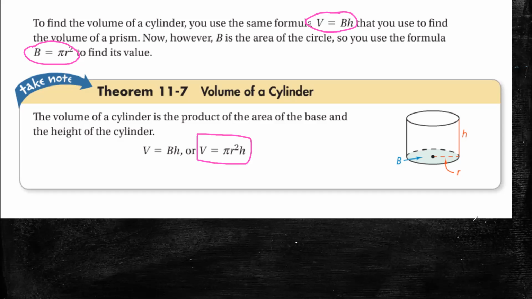If you forget it, remember that the volume is B times H, and the area of a circle is pi r squared, then just evaluate it and you will find that the volume is pi r squared H. So to find the volume of the cylinder, you only need the radius and the height.